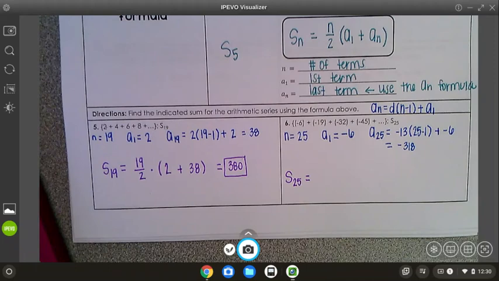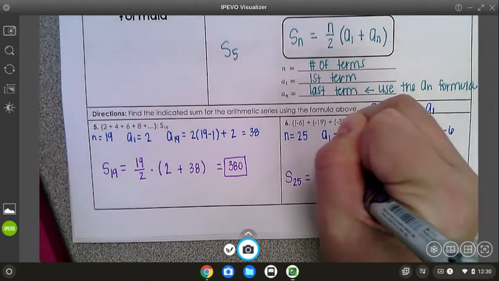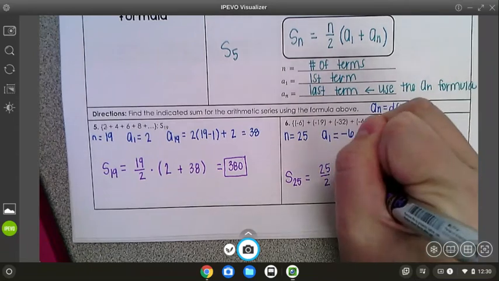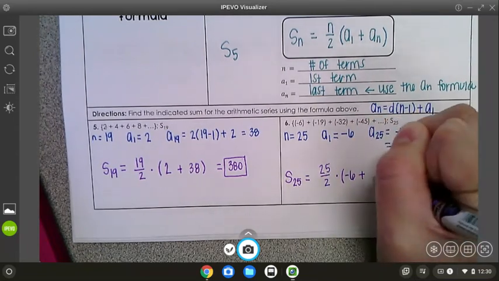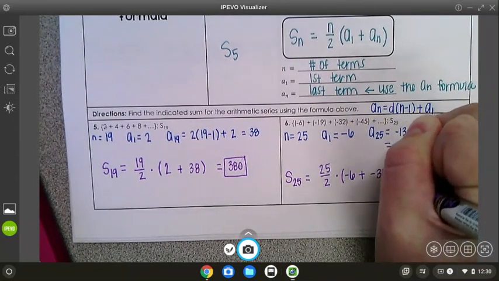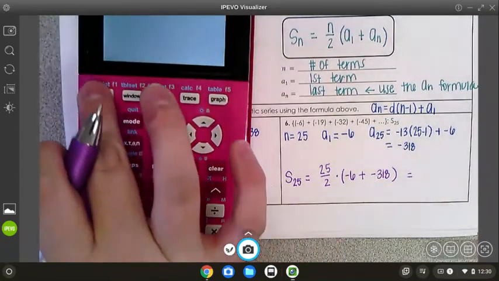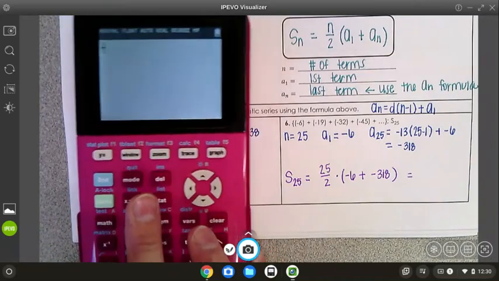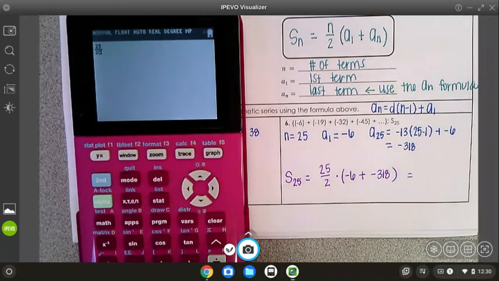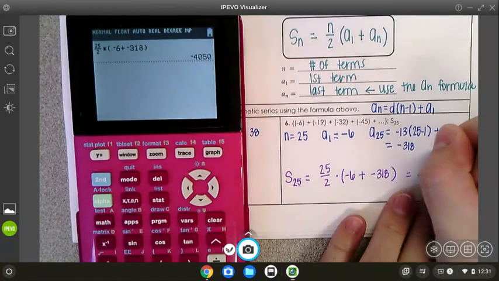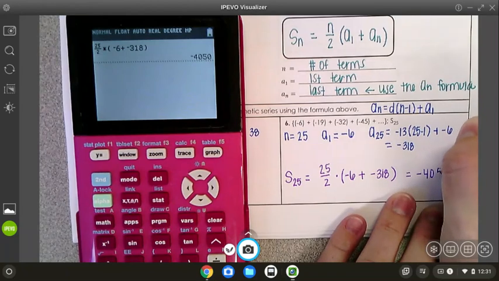So it's n over 2 times A1 plus An. We get -4050.